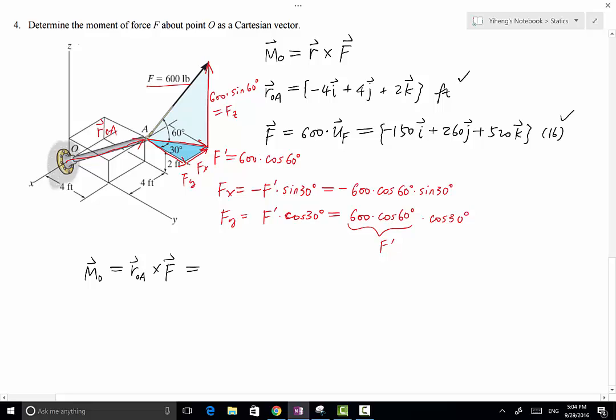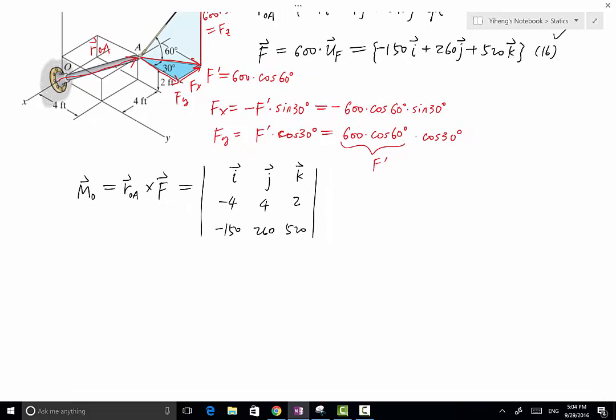We're going to set up a matrix, so i, j, k. And then ROA, the components are negative 4, positive 4, and positive 2. The three components of the force vector, negative 150, 260, and then 520. And then we can do the calculation.